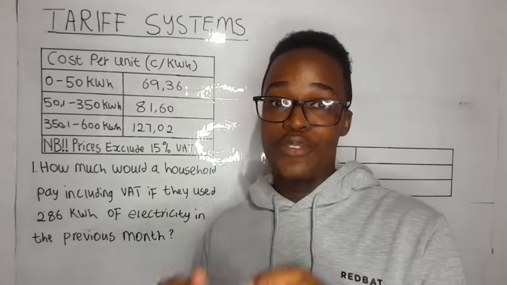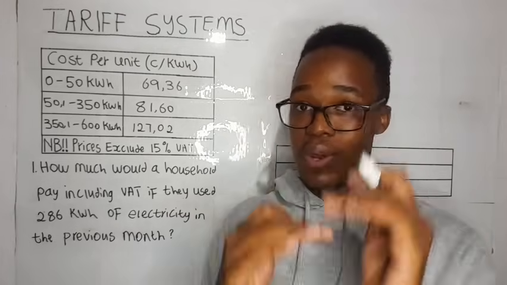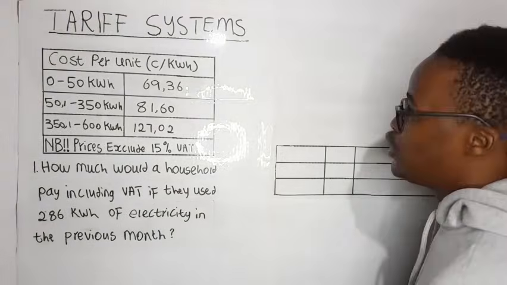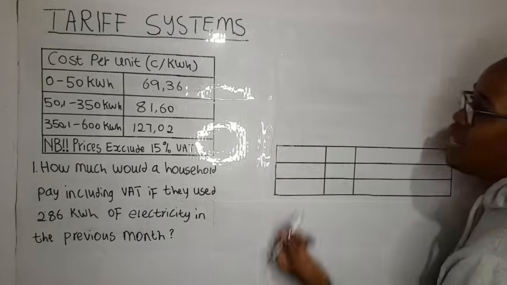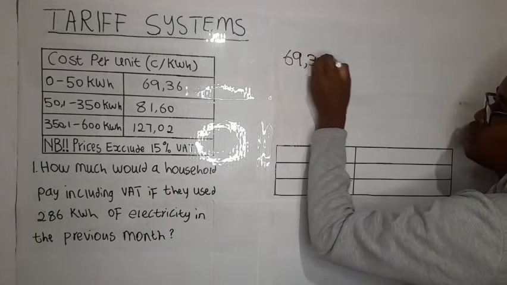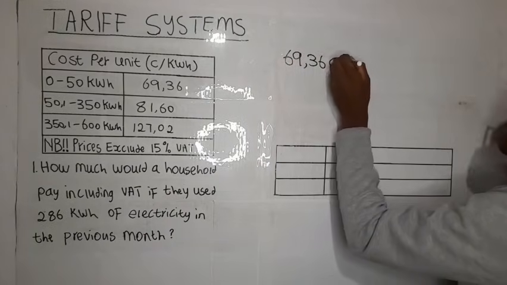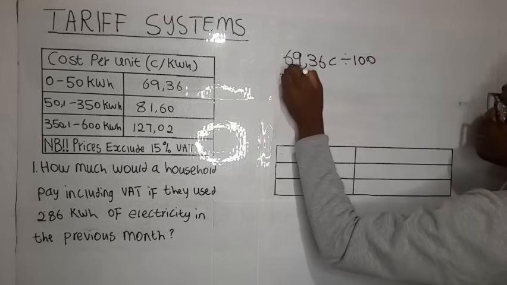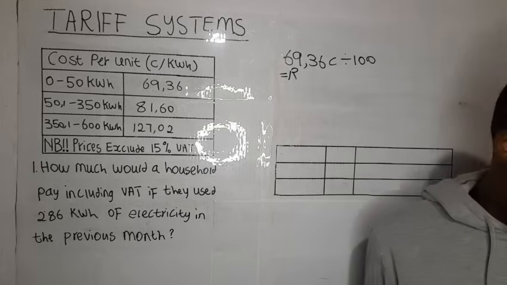So you're going to start with this amount. You're going to say 69.36 cents divided by 100. Whatever amount you get is going to be in rands.